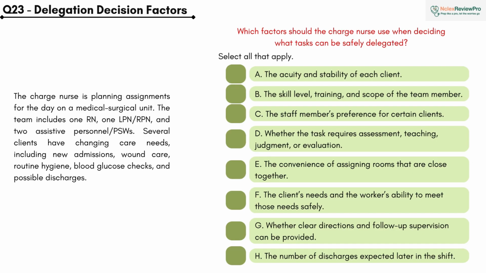Option E, the convenience of assigning rooms that are close together. Option F, the client's needs and the worker's ability to meet those needs safely. Option G, whether clear directions and follow-up supervision can be provided. Option H, the number of discharges expected later in the shift. Take a moment and think about your answer.